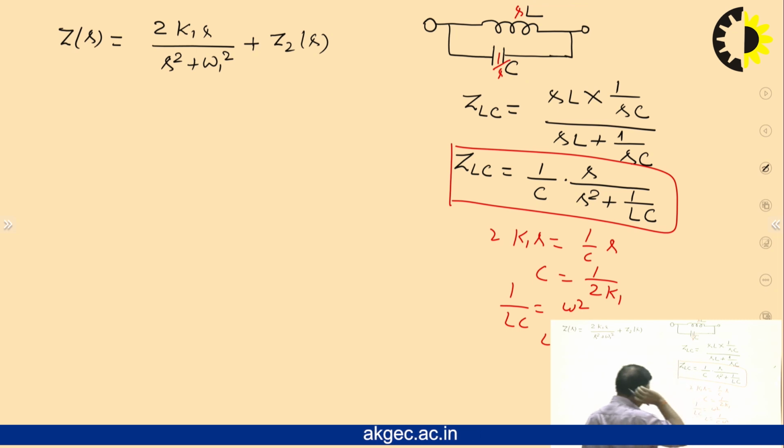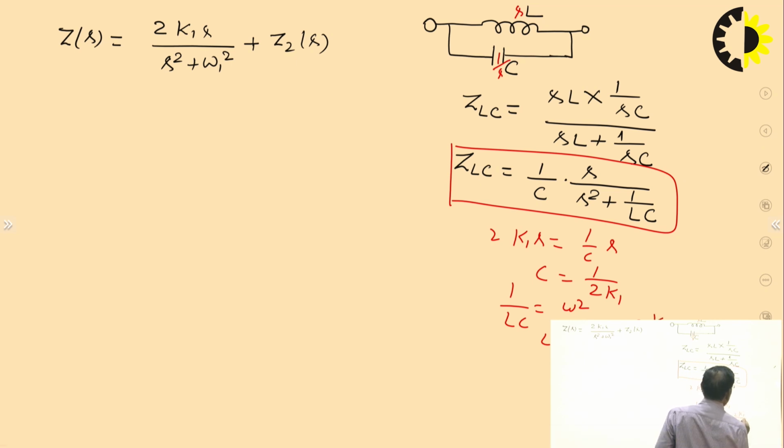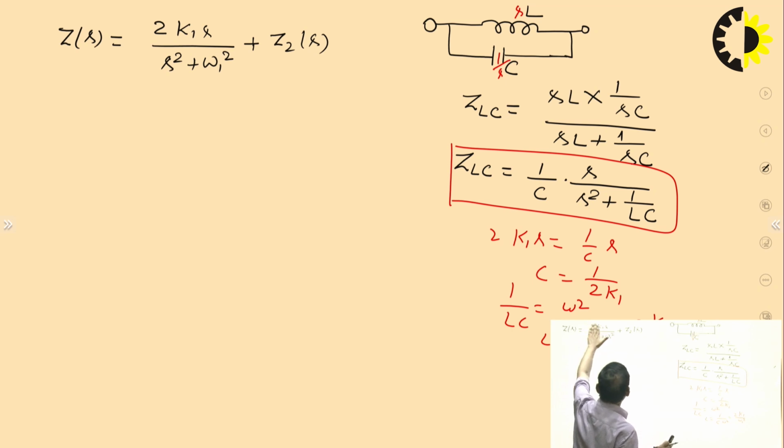So this way we can get the values of L and C. C is 1 by 2 K1, so basically L is 2 K1 upon omega 1 square. This is the value of the inductor, which is 2 K1 upon omega 1 square, and the capacitor is 1 by 2 K1. We can get the values of K1 and omega 1 from the function.